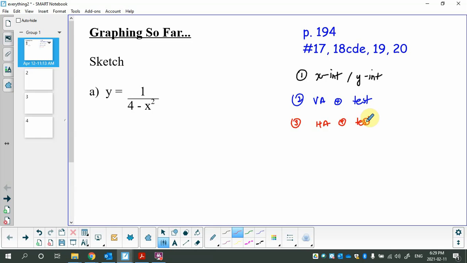And of course, if neither one of these exist, we just don't do the test. Then we have to find the max-min plus the first derivative test. And then finally, and this is all before the sketch, we have to find the points of inflection, and we're expected to do the second derivative test.